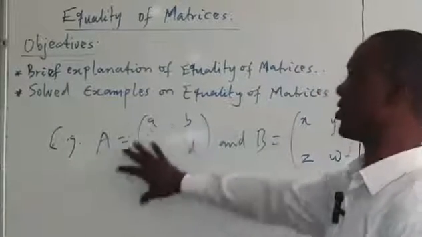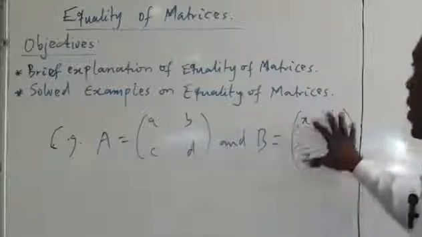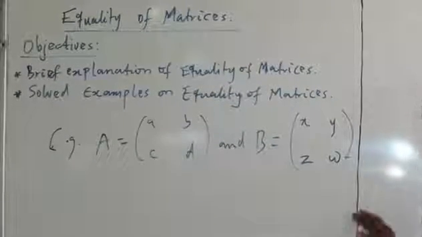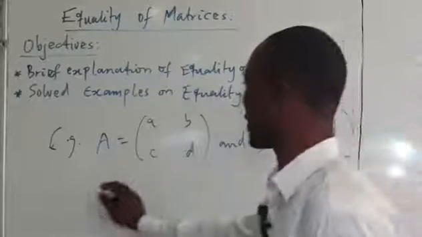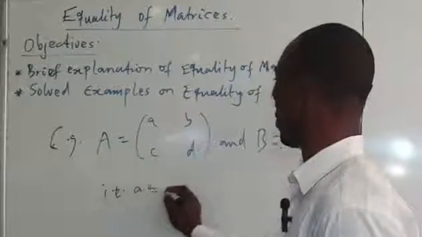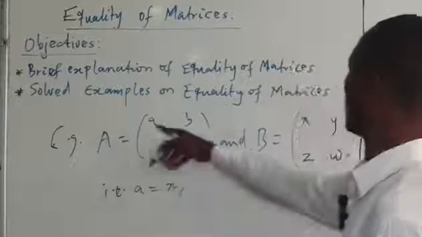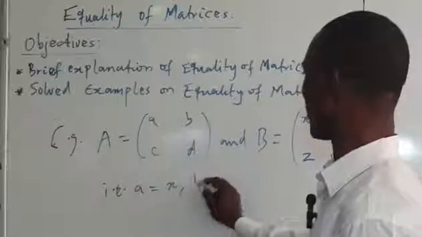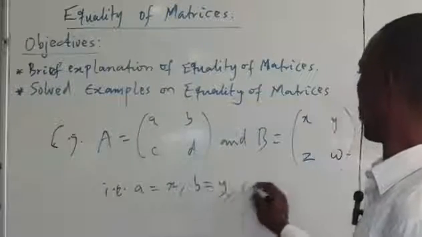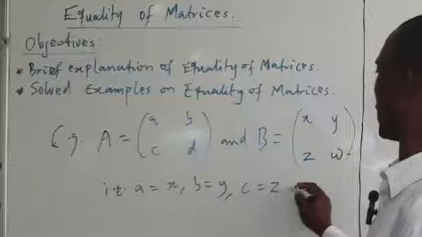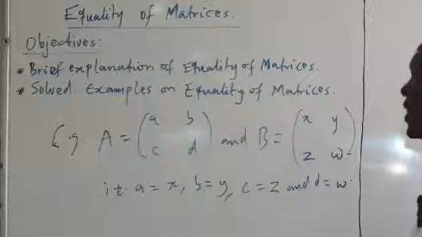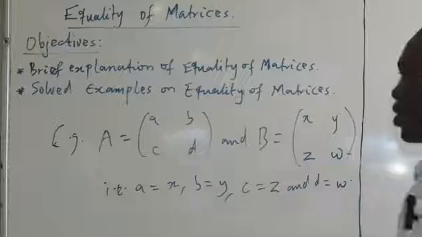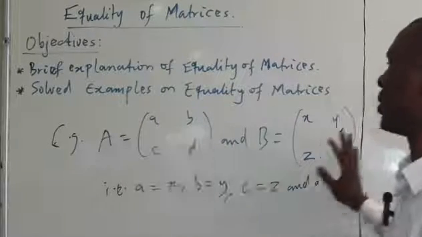The order of matrix A is 2 by 2, while the order of matrix B is 2 by 2. So we can now equate the corresponding elements, that is a equals x, then b equals y, c equals z, and d equals w. So this is the equality of the two matrices A and B.